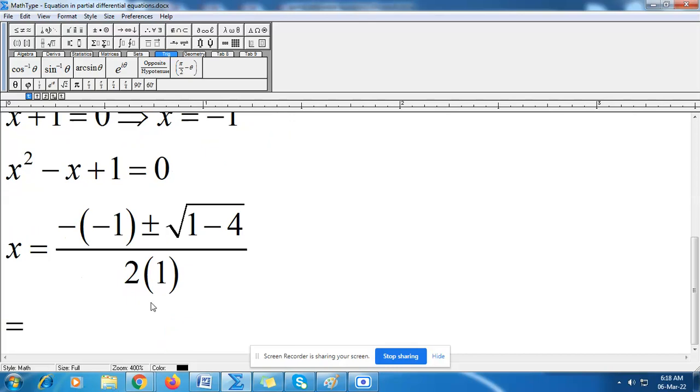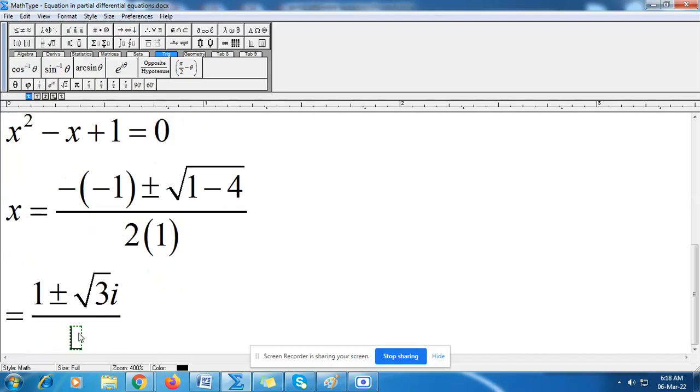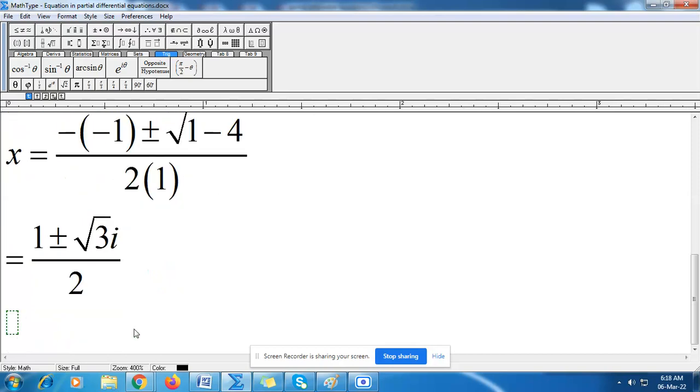Observe that root minus 3, we write root 3 into i, by 2.